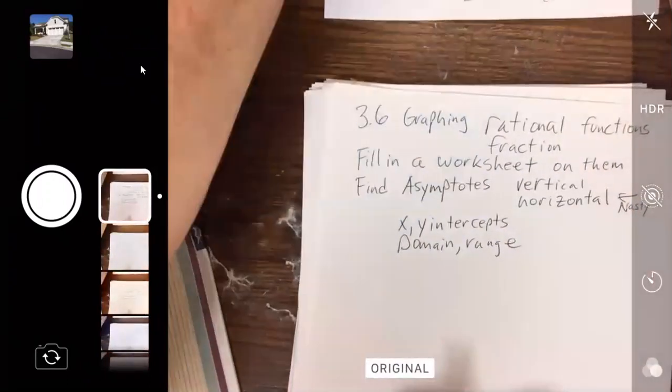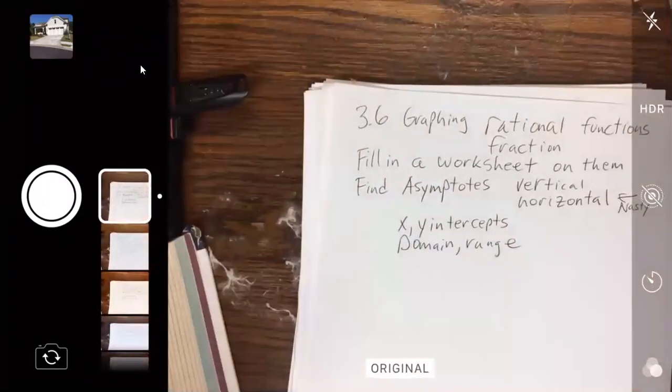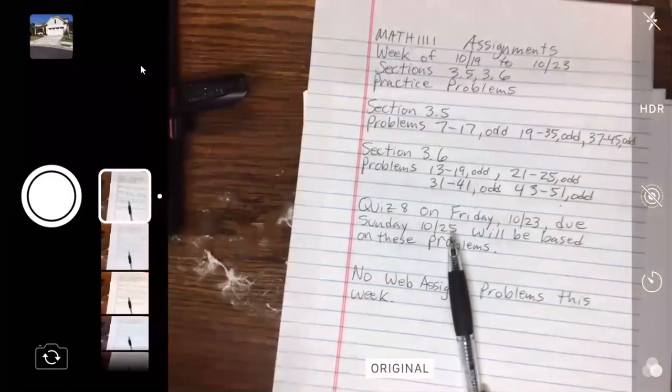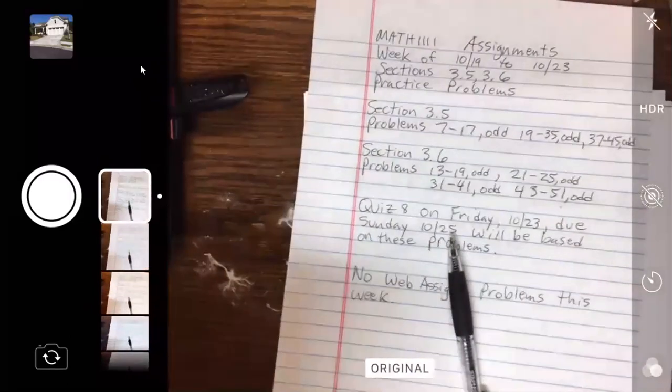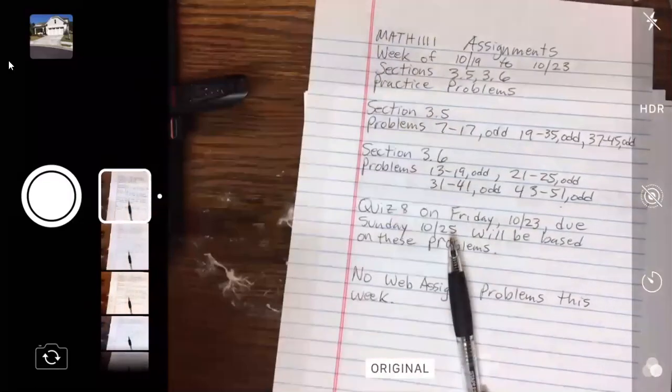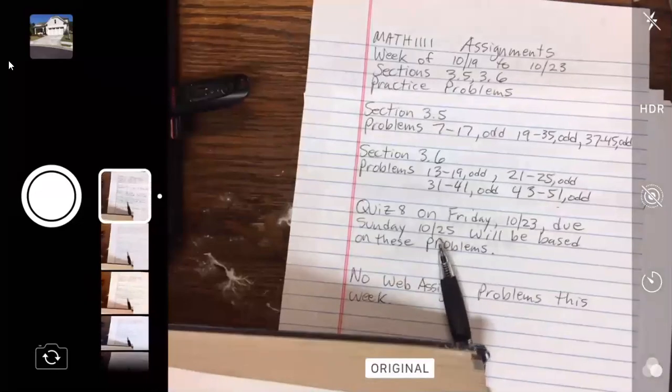Let's see if I can find my assignment sheet. So I asked for pieces of it. They bust this into a lot of pieces. They don't want everything on every piece. But here's 13 to 19, 21 to 25. Okay, that's the next one. 31 to 41. 43 to 50.